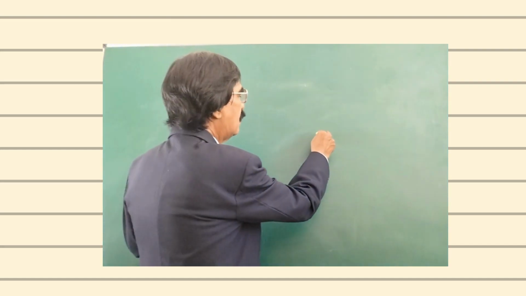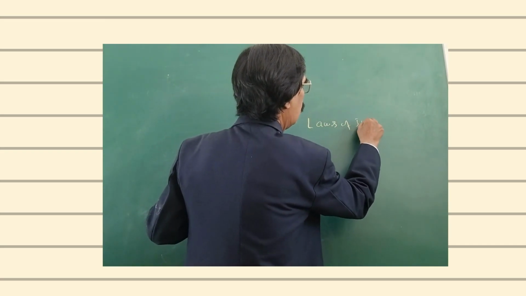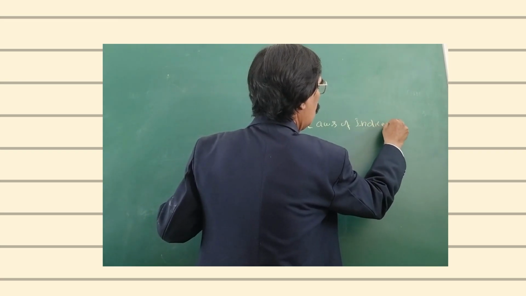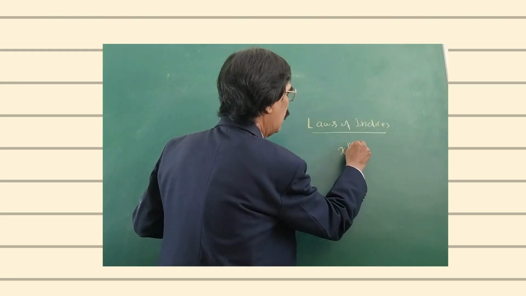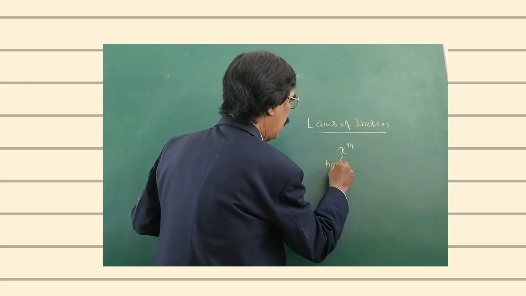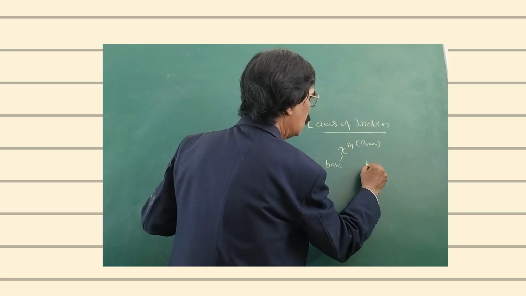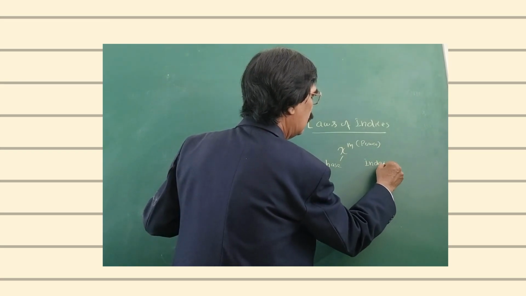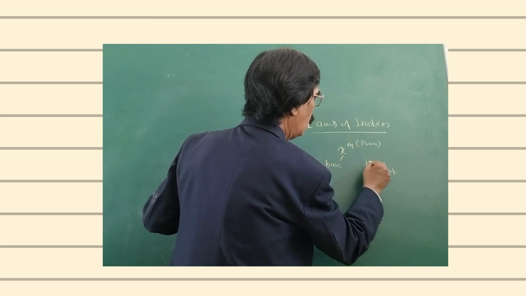So, I just gave some information about laws of indices. When you write any number x power m, x is the base and m is the power. We can also call that index or exponent, x to the power of m.